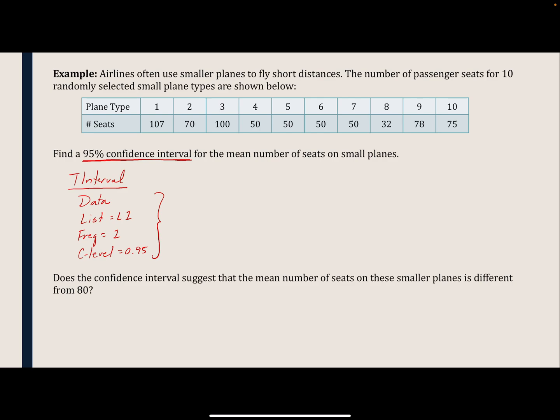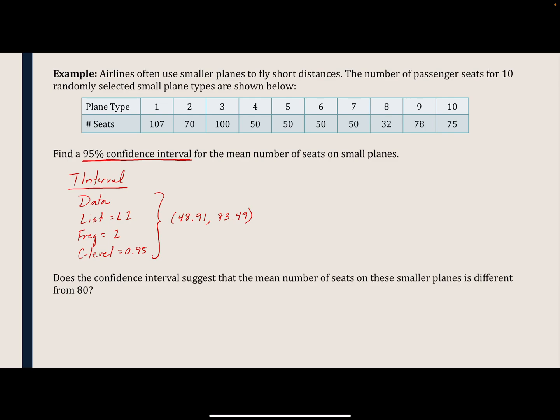And you will get an interval of 48.91 to 83.49. And notice that we have a really large interval, and that's because our sample size is only 10. It's really small.